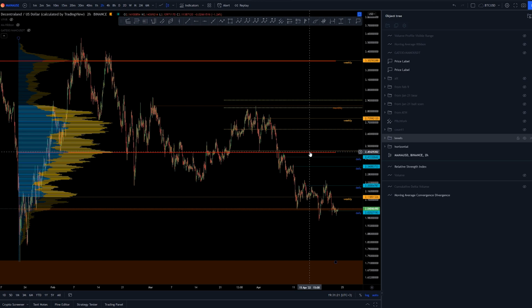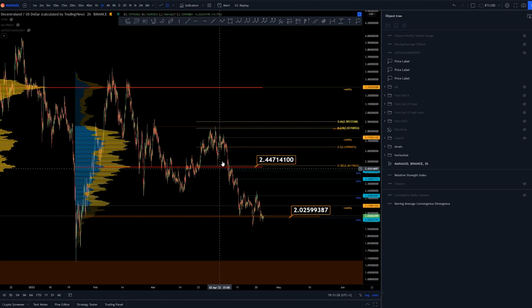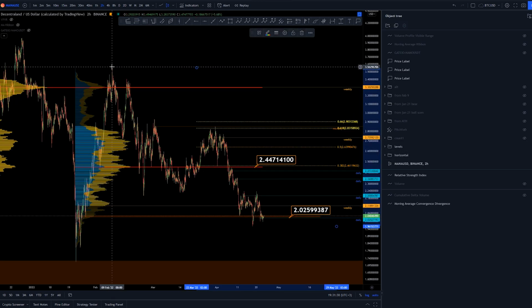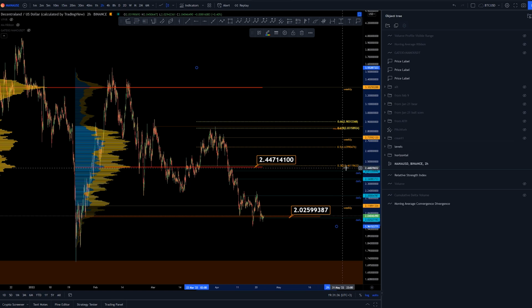We have the point of control around $2.45, and a retracement from the top to the current lows at the 18th of April, lining up with the 38.2 retracement at that same area, which is again more confluence for this area.